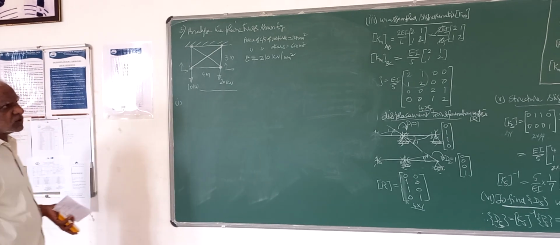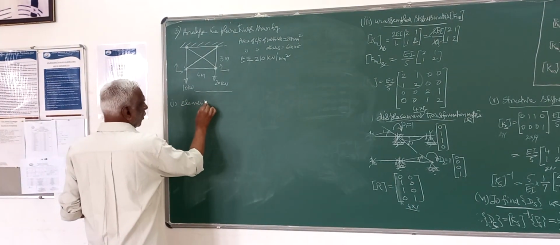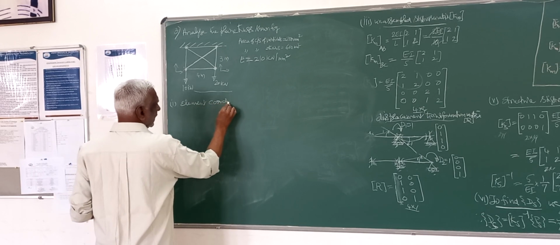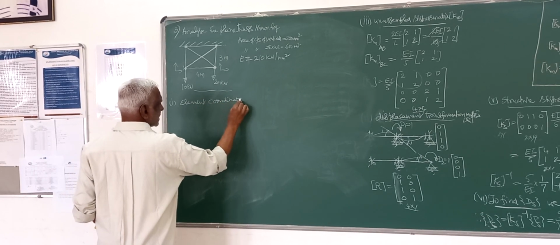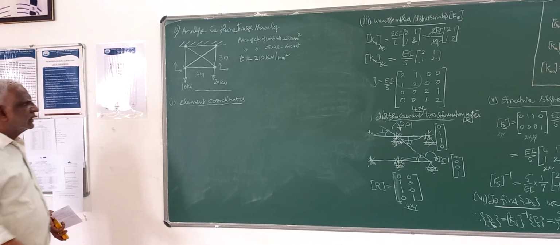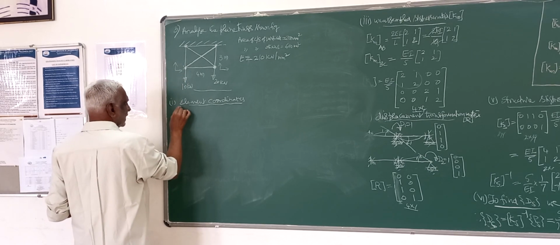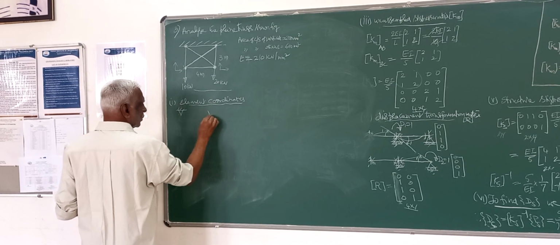Same procedure. First step, you have to find out the element coordinates, that is, the unknown element forces which you have to determine during your analysis. Here, this we can take as a hinge support.